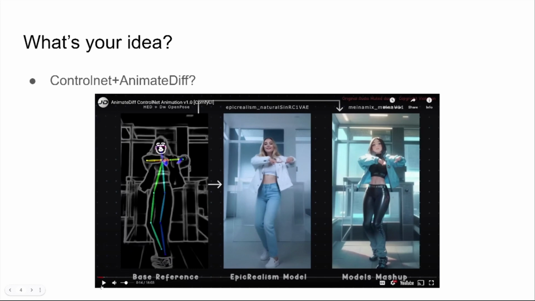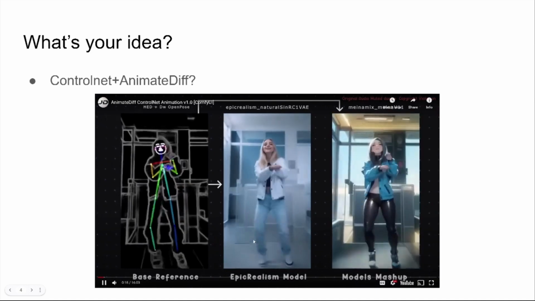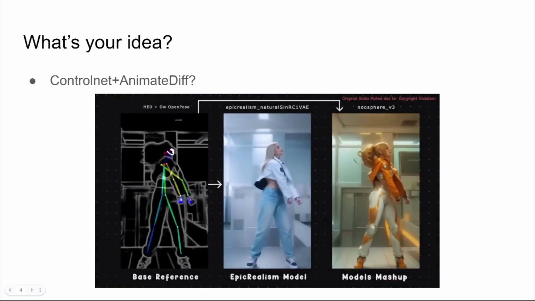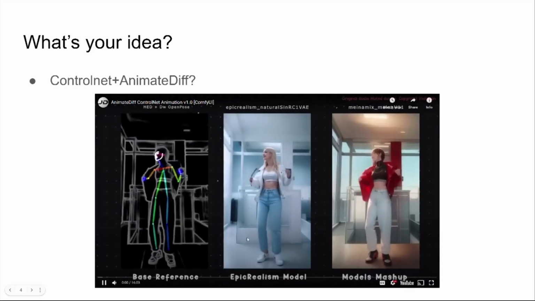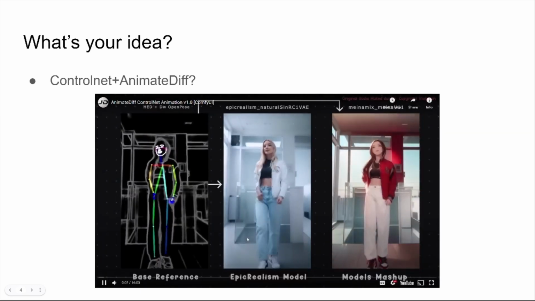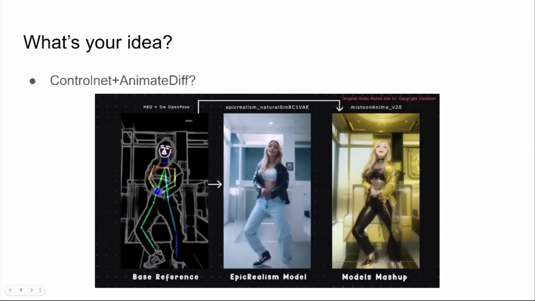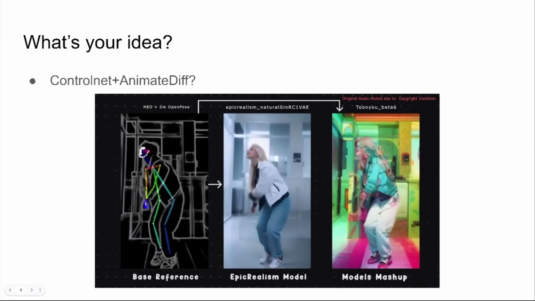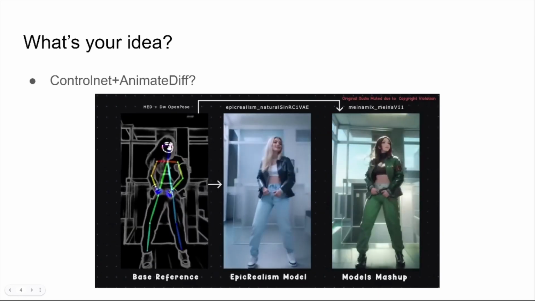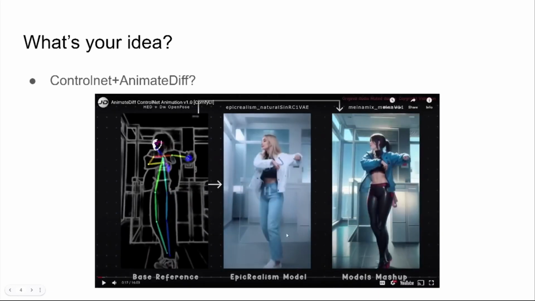But if you watch it as a video, you see the clothes color changes and the identity changes. From the point of view of a realistic video, it looks cool, but it's not a good video, right?